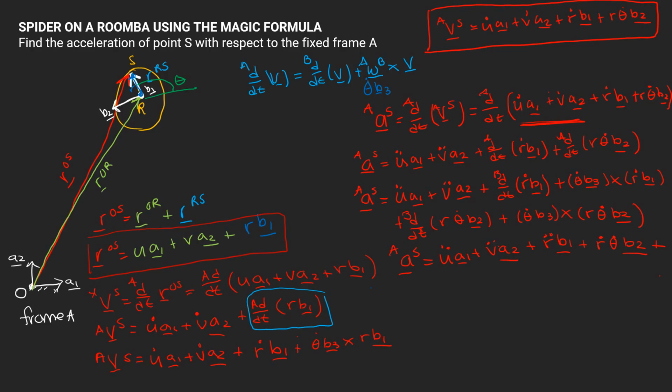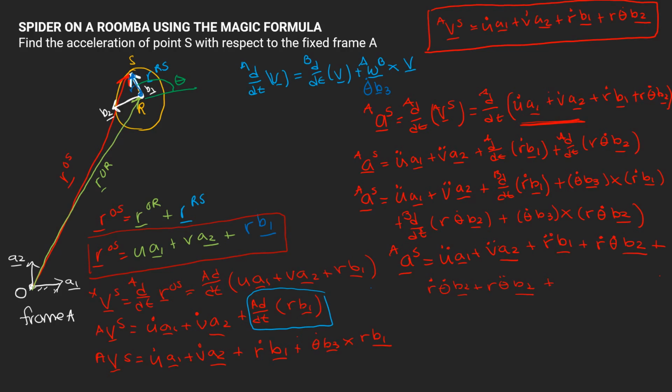Next, we have to take the time derivative of r theta dot b2 in frame B, and so that equals r dot theta dot b2 plus r theta double dot b2, right, product rule.